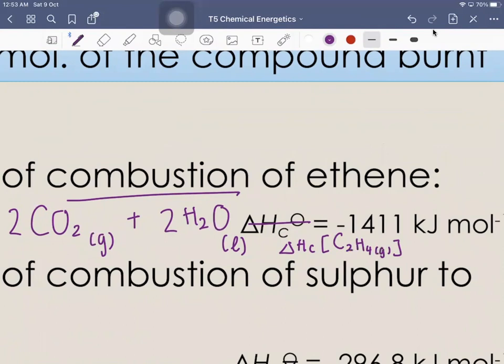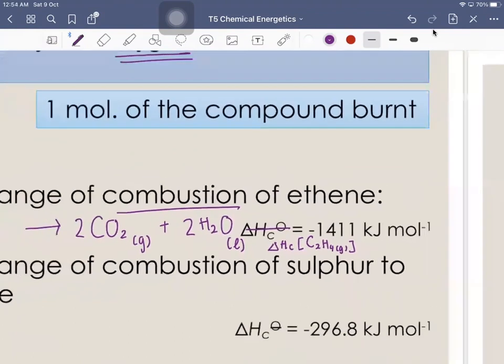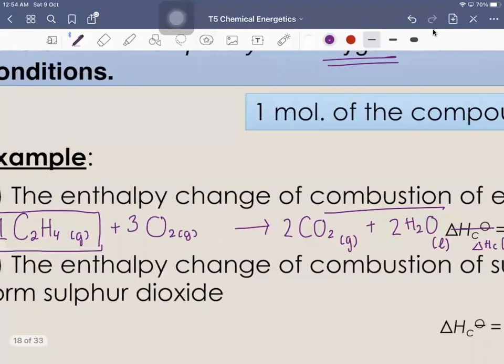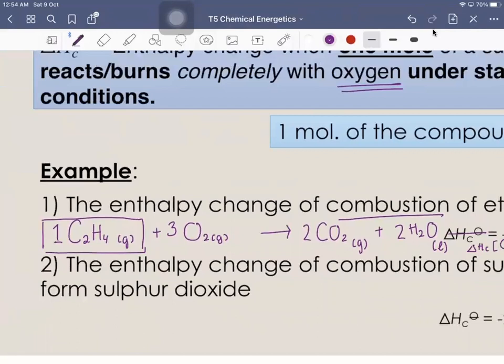Another way of saying this is that ethene gives out 1,411 kilojoules per mole of energy when 1 mole of it is burnt with oxygen. Okay, so if you use 2 moles of ethene, then you just multiply it by 2. But by definition, delta Hc is 1 mole of ethene.